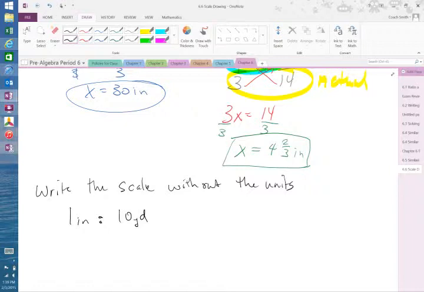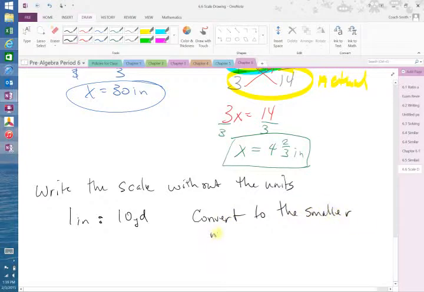Or realistically the inches. So what they want you to do is express it as a scale, but they want it in the same units of measurement, okay? So they want us to convert to the smaller unit of measurement. Okay, they want you to convert to the smaller unit of measurement.